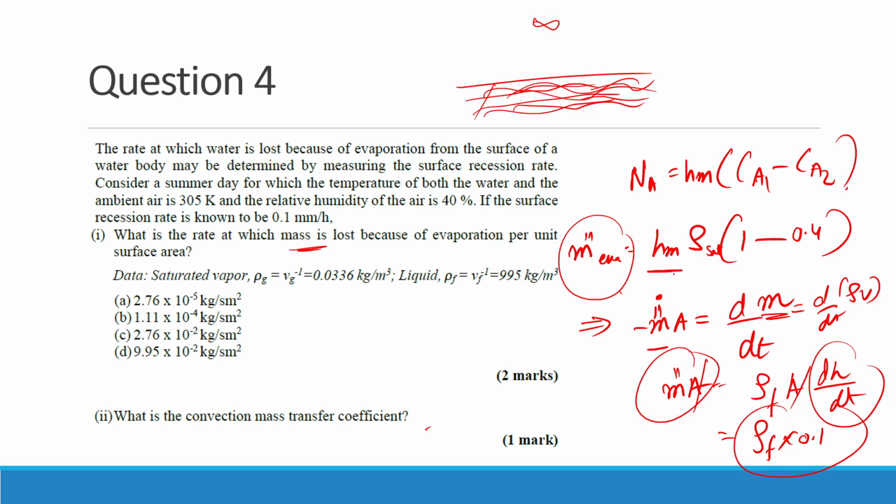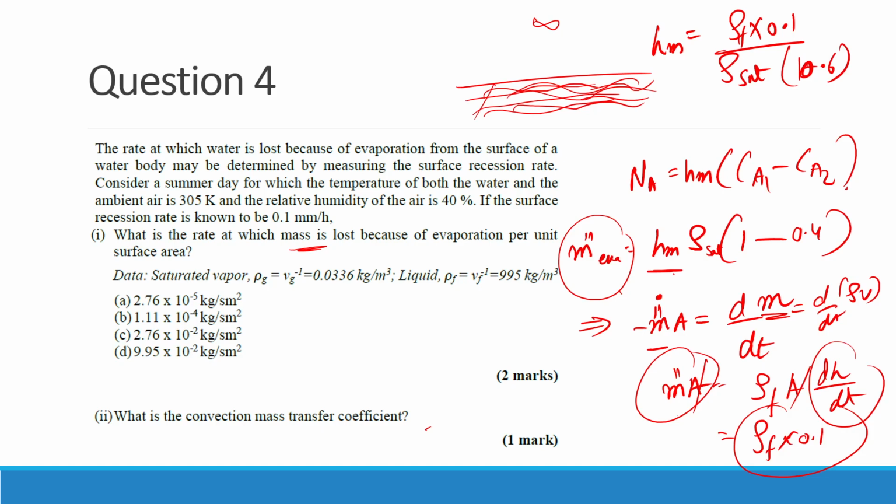If you put in this value of rho f into 1, you will get the value of hm as rho f into 0.1 upon rho saturated into 1 minus 0.4, which is 0.6. Then we just replace all those values.